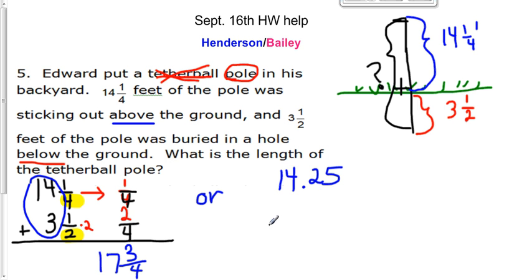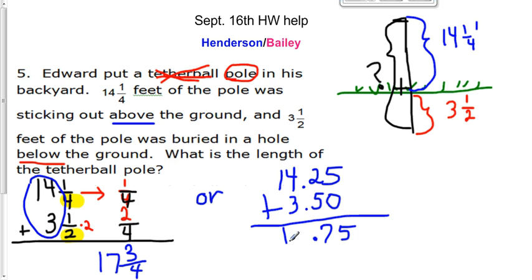So 14.25 plus 3, and then 1/2 would be like 50 cents. So that would also give me an answer of 17.75, or 17 75/100, which is the same thing as 17 3/4. So that is how long your pole is.